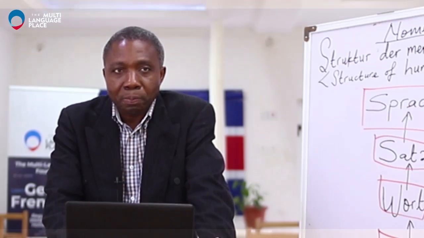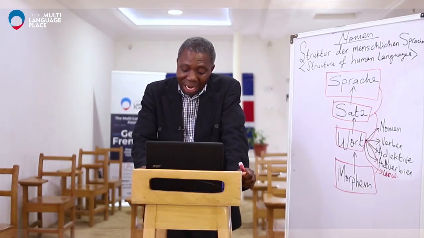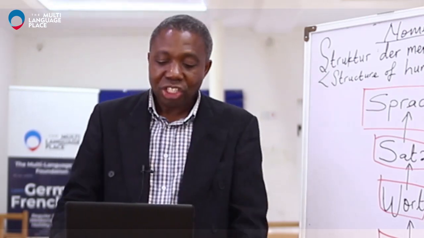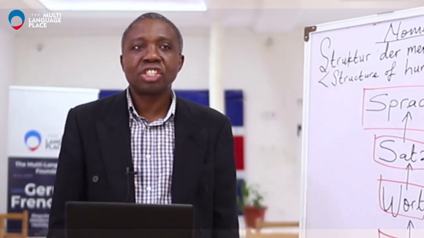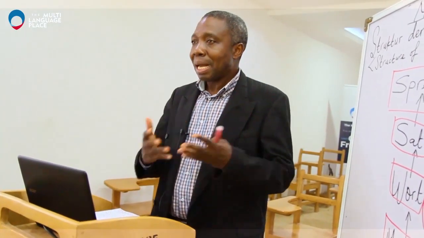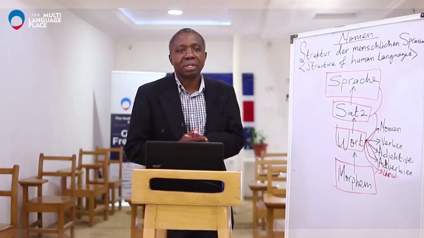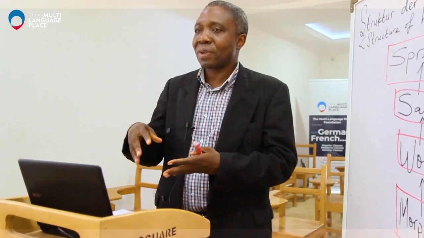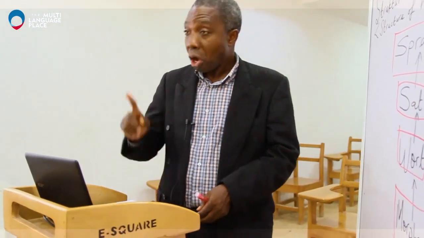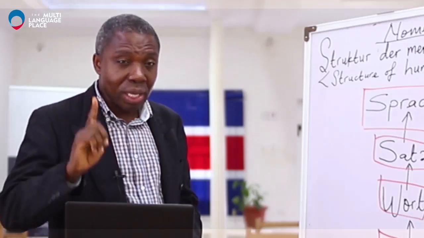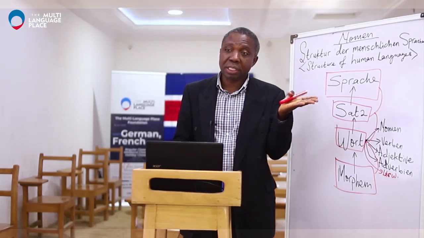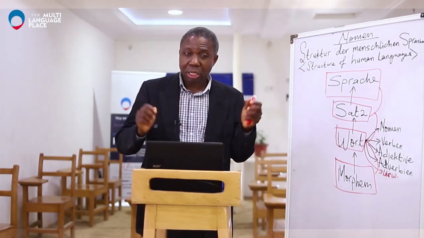I also need to remind you that German nouns are written with initial capital letter. German nouns are written with initial capital letter. I'm going to show you something that will help you to understand this fact that German nouns are always written with initial capital letter. If it's at the beginning of the sentence, you write it with initial capital letter.